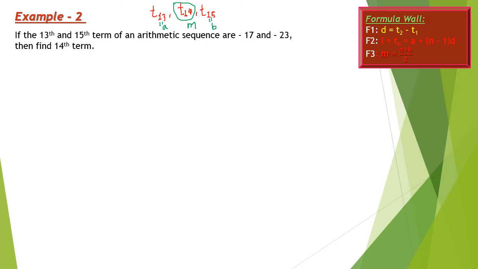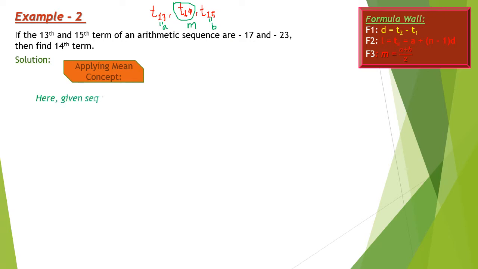We can apply the mean concept. Solution, applying the mean concept as there is in the definition also, for any number of terms between the first and last term are arithmetic means. So here the middle term between T13 and T15 is T14, and the arithmetic mean between T13 and T15 is T14.